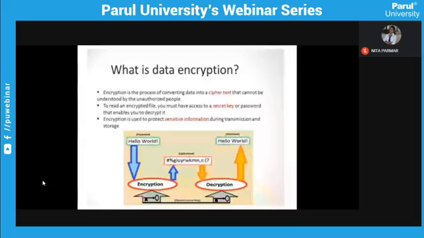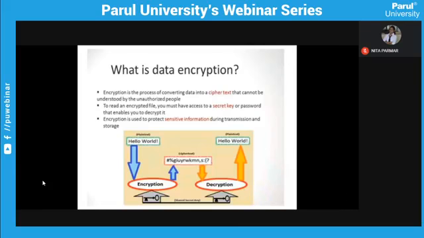You may see in this diagram, our original message is hello world, which is known as plain text, and using this encryption algorithm, this text is converted into some garbage text.